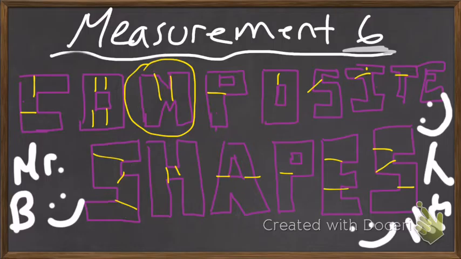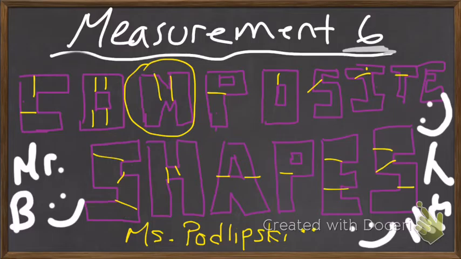Oh, that M, I drew. I don't know if you know that teacher, but it's a very nice teacher. She's always in room 202 and is Mrs. Podlipsky. So if you see Miss Podlipsky in the hallway, say thank you for drawing composite shapes for us, because Mr. Benjamin and Miss Terrio couldn't do it.